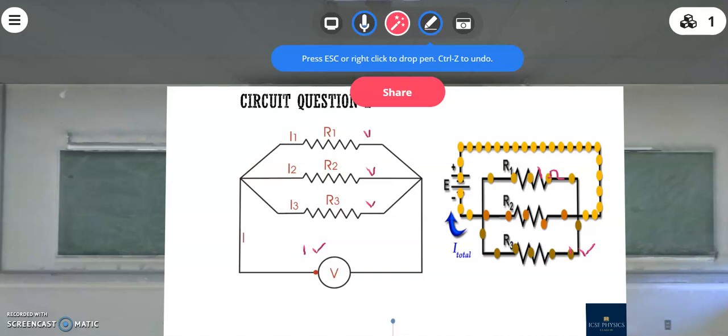Note this question. When the voltage here is 1 volt and the resistances R1, R2, R3 are all 1 ohm, what is the equivalent resistance as well as what is the current flowing through the circuit? Answer me in the comment section.